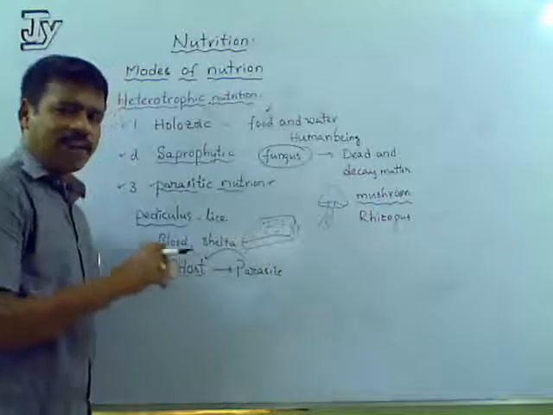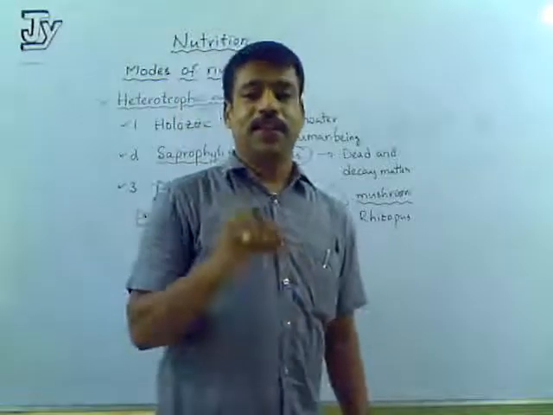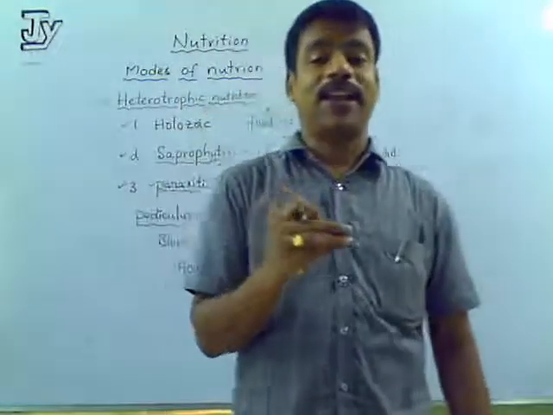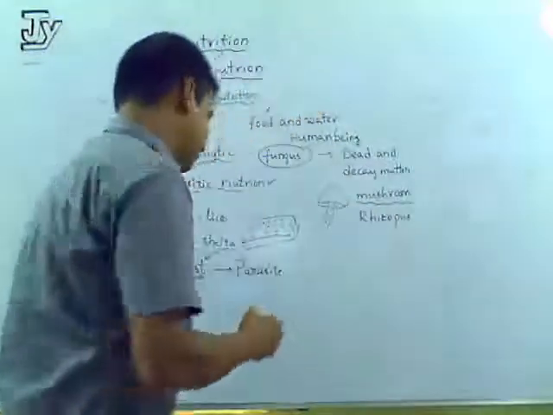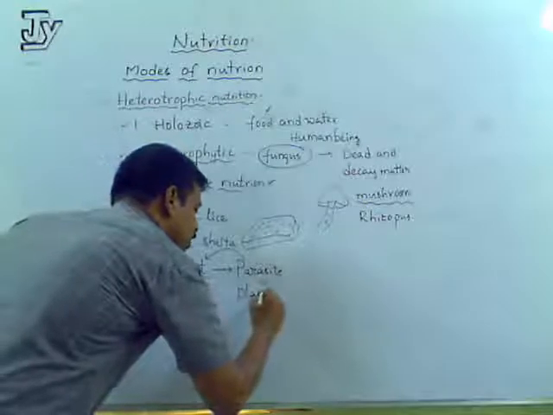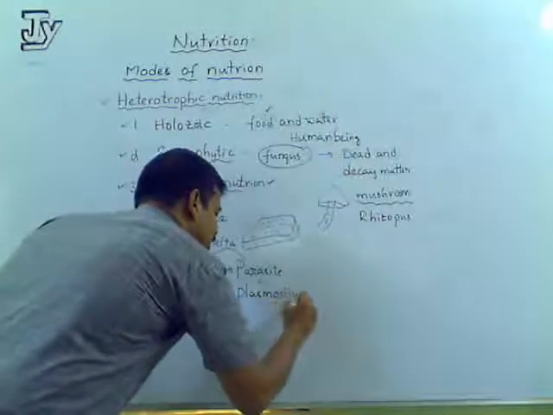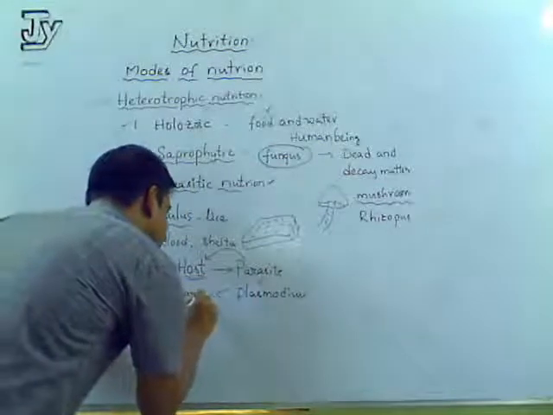And I will give another example: malaria. In malaria, the main parasite is Plasmodium. Plasmodium is a parasite present in the host, the human being.